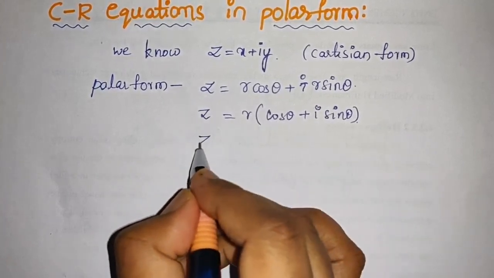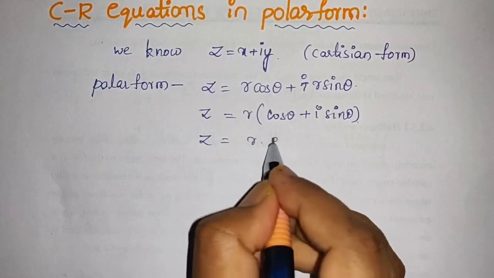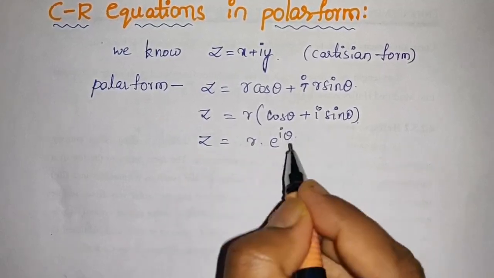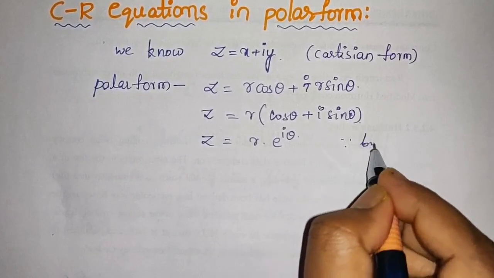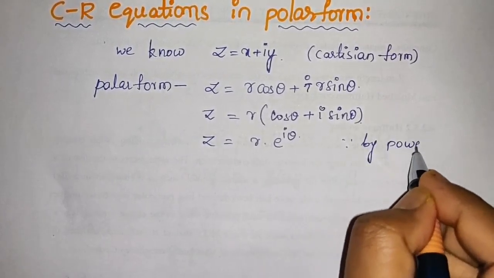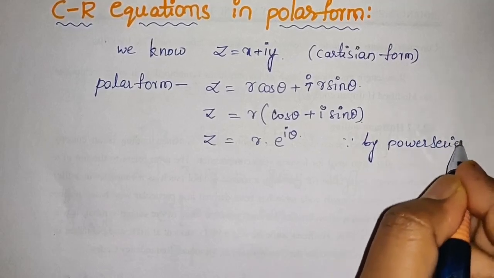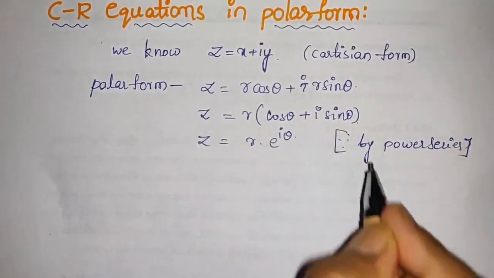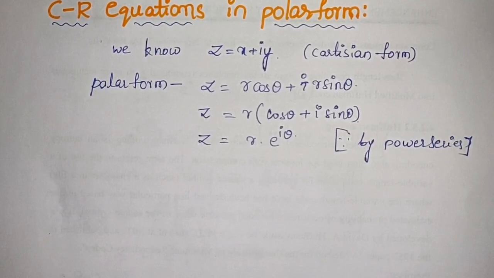What we can write: z equals r e power i theta. So this is a polar form equation.